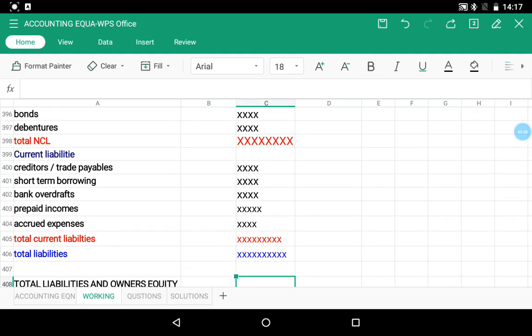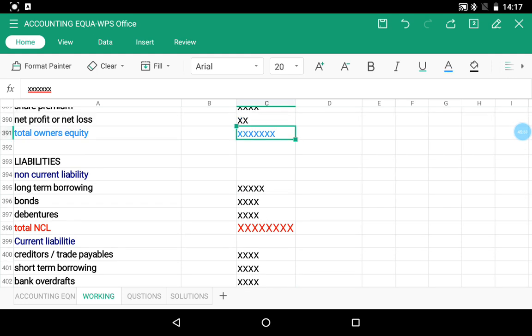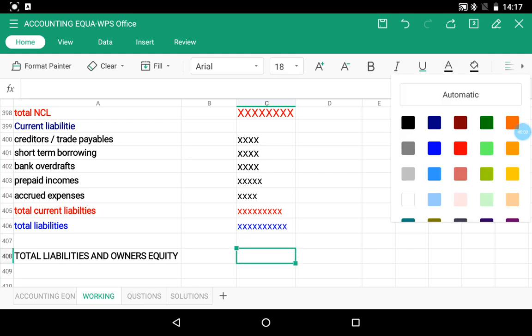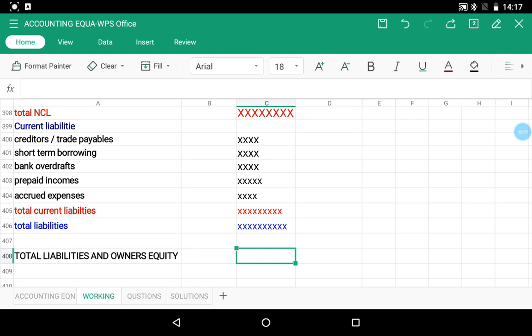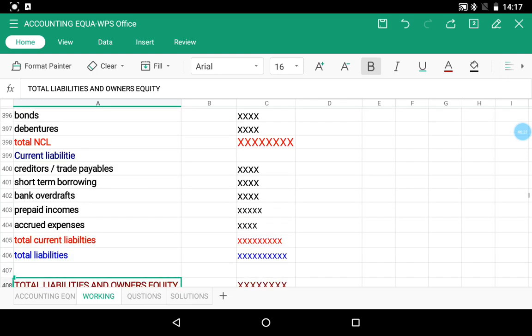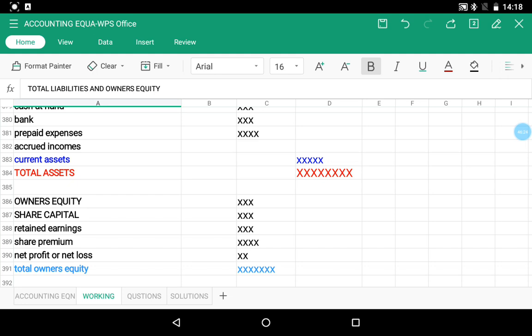We shall come here and get our total owners equity. We add total liabilities to get total liabilities and total owners equity. That means if we get our total liabilities and total owners equity, which is the same as total assets, it means we have got our balance sheet balanced.